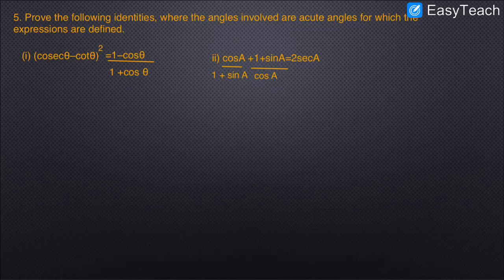Now consider cot A plus cosecant A, this is one term, and both are in multiplication. So let me take cot A plus cosecant A as a common term. So what I said, I am going to take cot A plus cosecant A term as a common term.